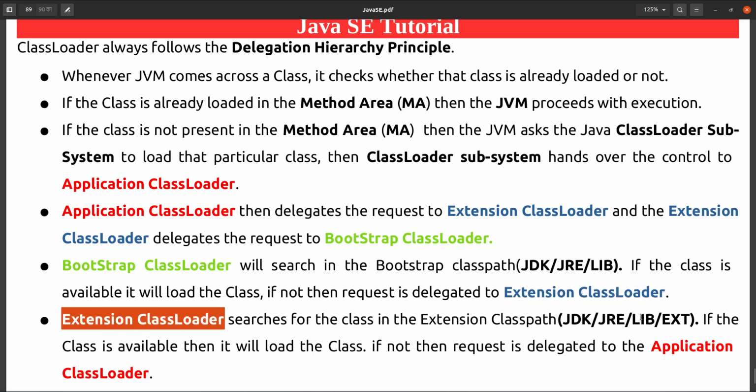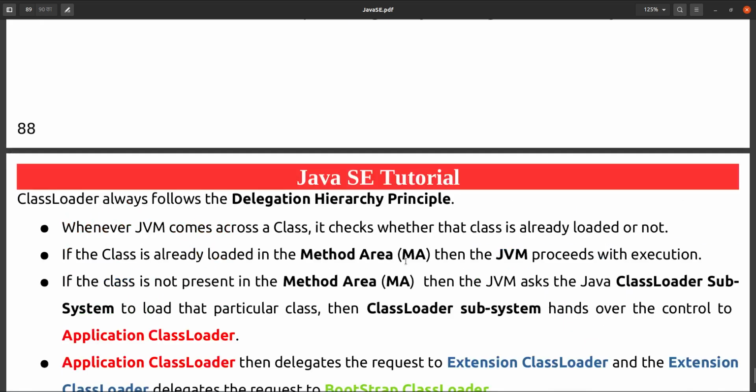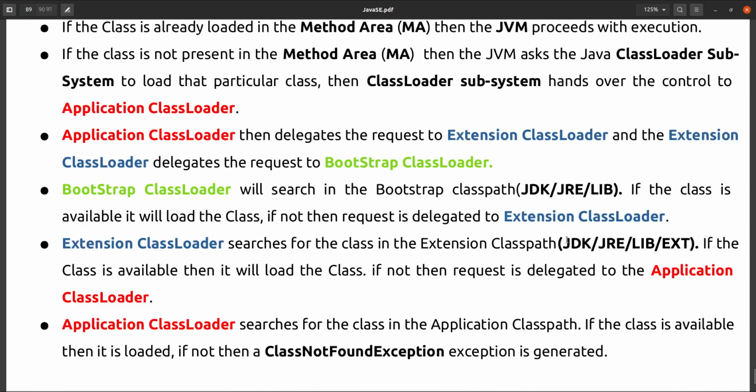Okay, and then what will the extension class loader do? The extension class loader will search for the class in this extension library. We have already seen this one, the extension library, jre.lib.ext. In the same way, wherever you have installed your JDK, inside your JDK this extension directory will be there.